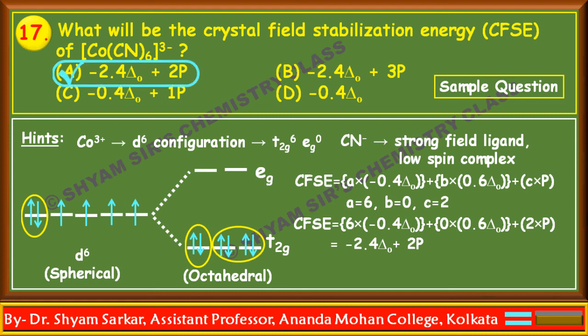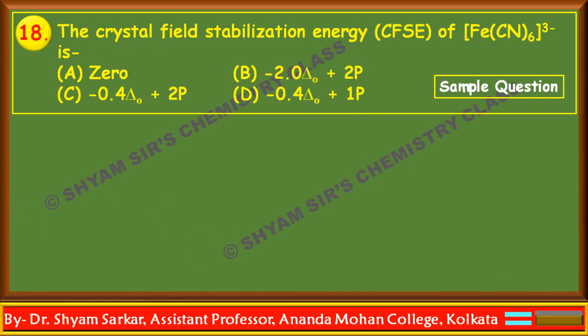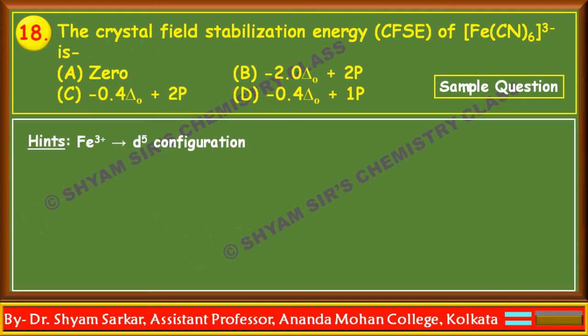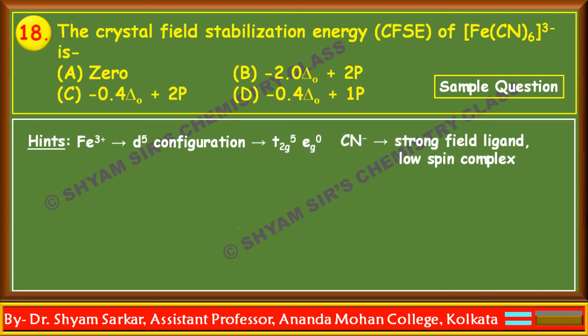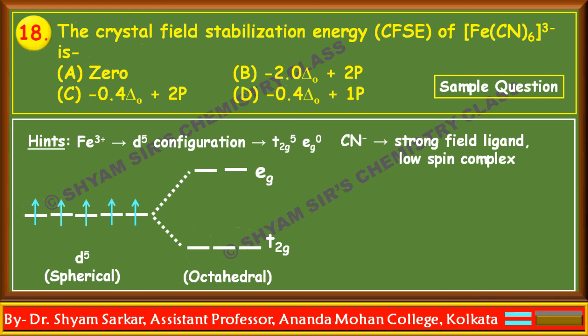Okay. So next question, the crystal field stabilization energy CFSE of FeCN6 3 minus is. So let us see. Fe3 plus means D5. D5 means t2g5 eg0, as CN minus is there, a strong field ligand. So strong field means low spin complex, that means all electrons will be in the t2g level. So the electronic configuration is t2g5.